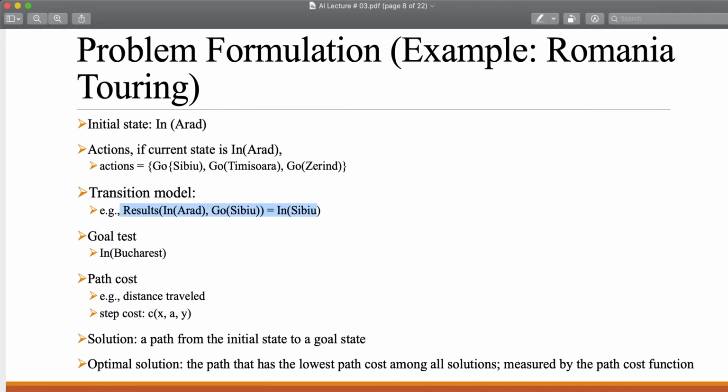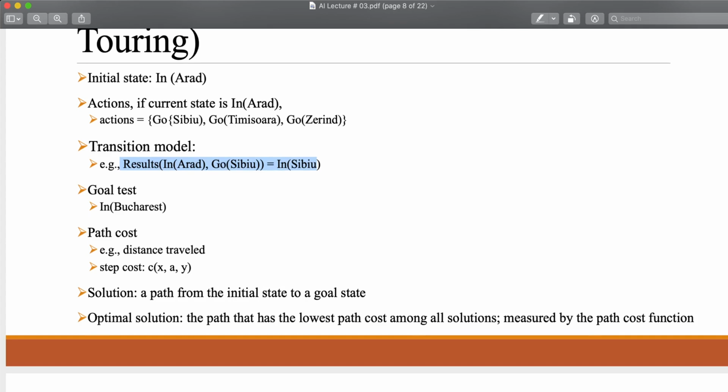Okay, now we have set all the parameters, that is initial state, actions, transition model, goal test, and now the last one is to calculate path cost. So the path cost is basically the distance traveled, and that is the sum of step costs.